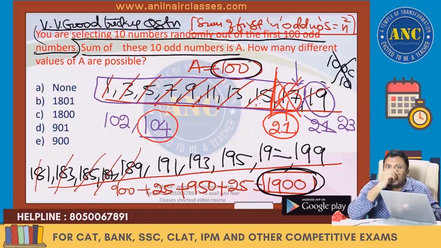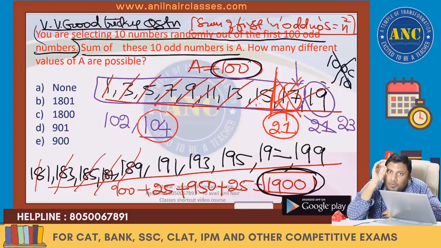That means to get the sum 104 there is not one way; there are multiple ways. One is 19 replaced by 23, another is 17 replaced by 21.